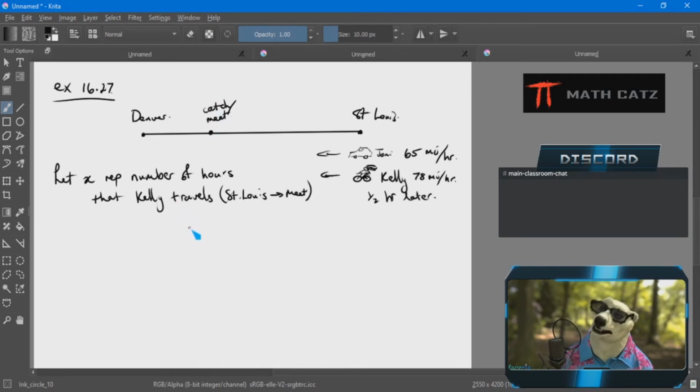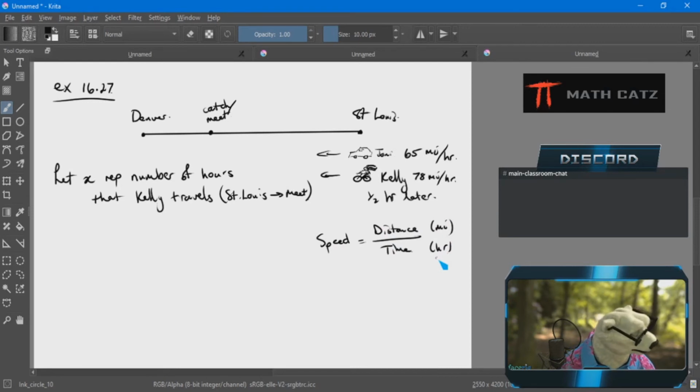Now I have to use the fact that in a basic situation, speed, or at least average speed, is distance over time, which is why we say miles per hour, miles over hours. That's the basic formula I want to keep in mind.